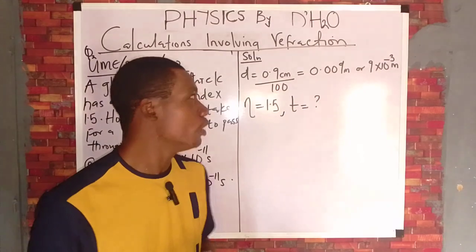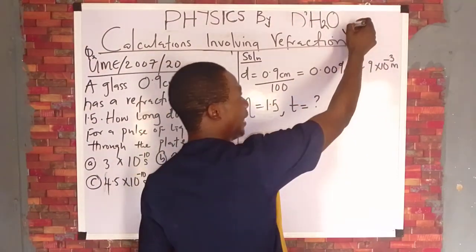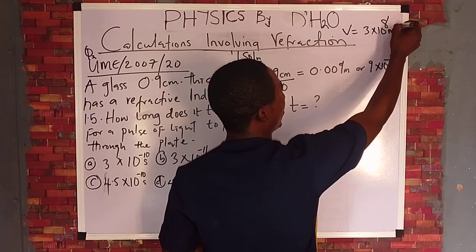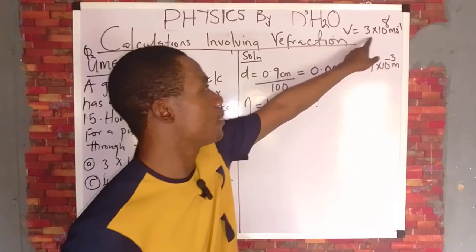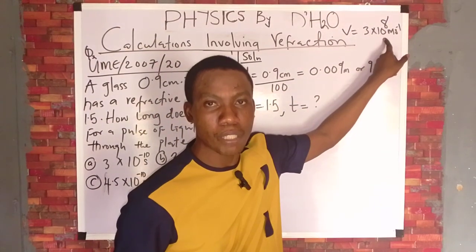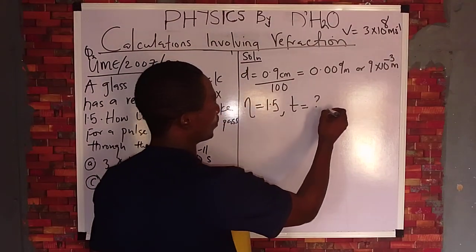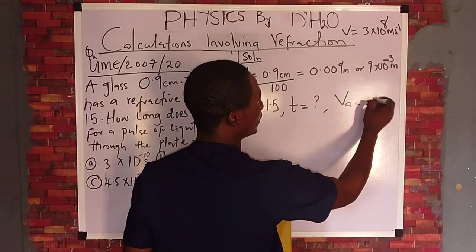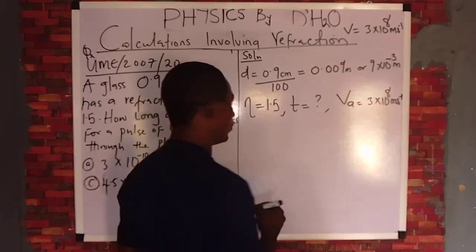Like I told you, you have to memorize that the speed of light in air is 3 times 10 raised to the power 8 meter per seconds. So we write the speed of light in air as 3 times 10 raised to the power 8 meter per seconds.